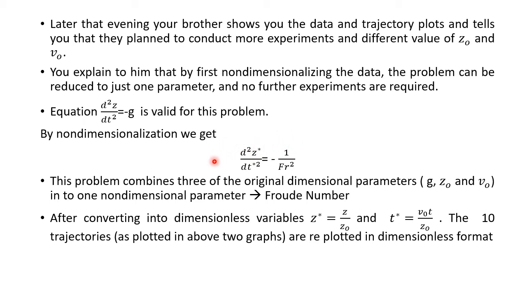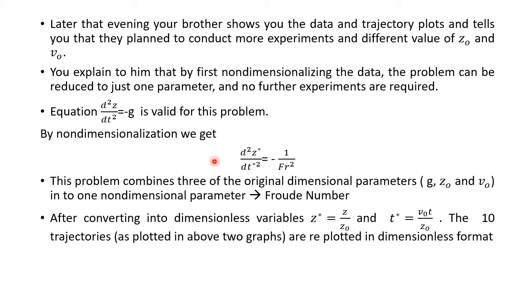This problem combines three of the original dimensional parameters, that is g, Z0 and V0, into one dimensionless parameter, the Froude number. Whatever three parameters we had in the dimensional equation, all three are combined and written in only one non-dimensional form. That is nothing but the Froude number.